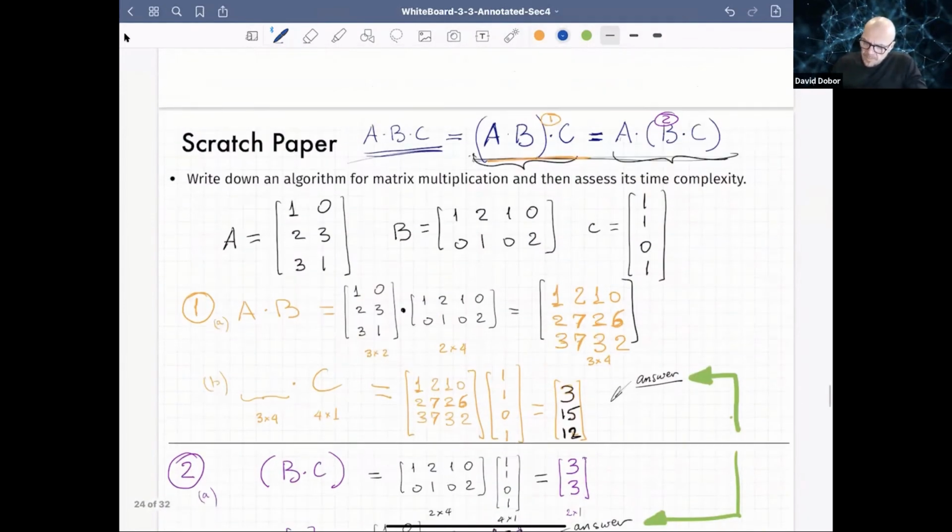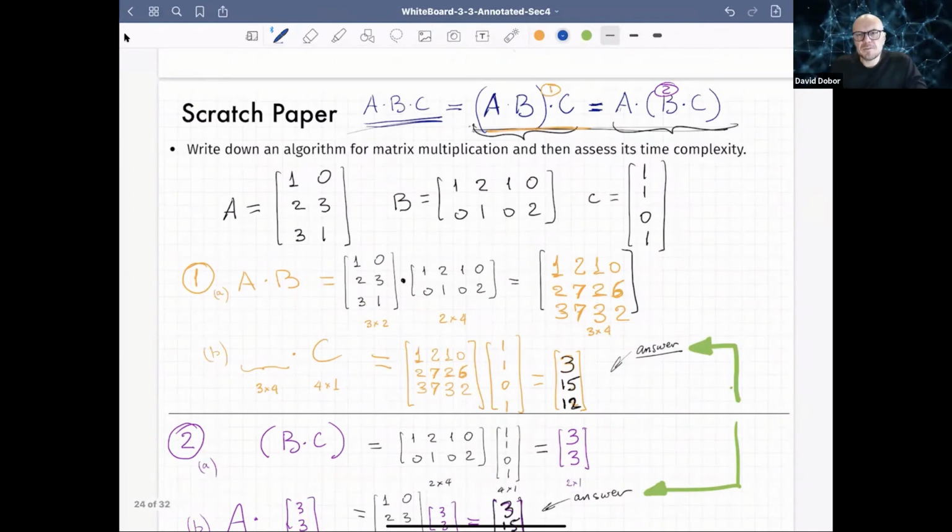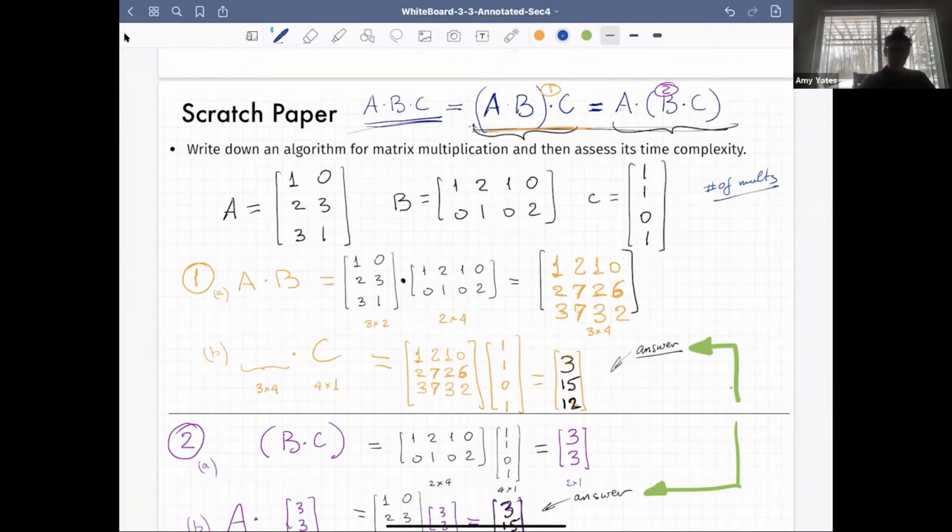So how many multiplications did I use in the first case? Number of mults. It's 36. But let's be completely clear so that everyone's reading from the same sheet of music.